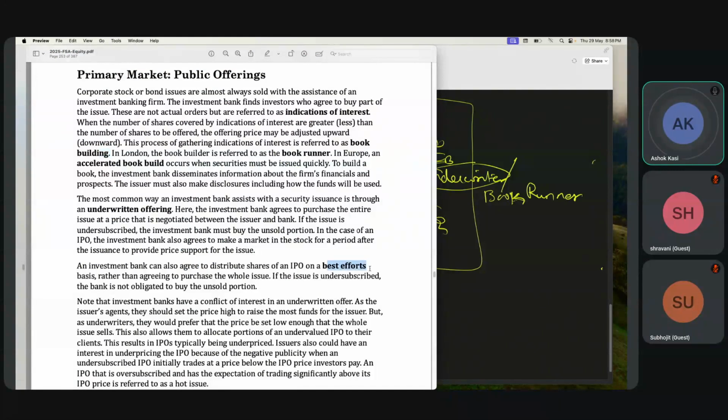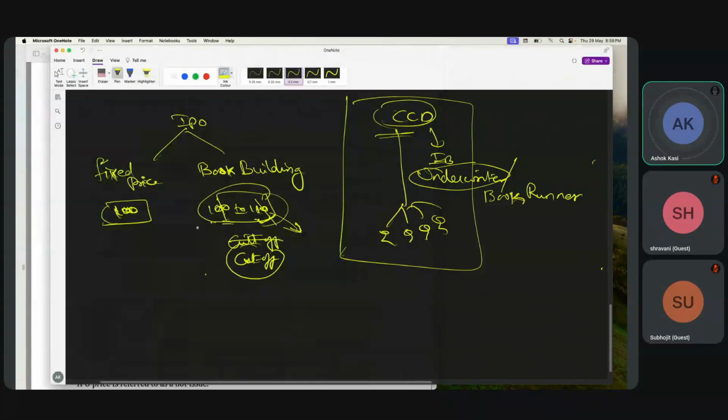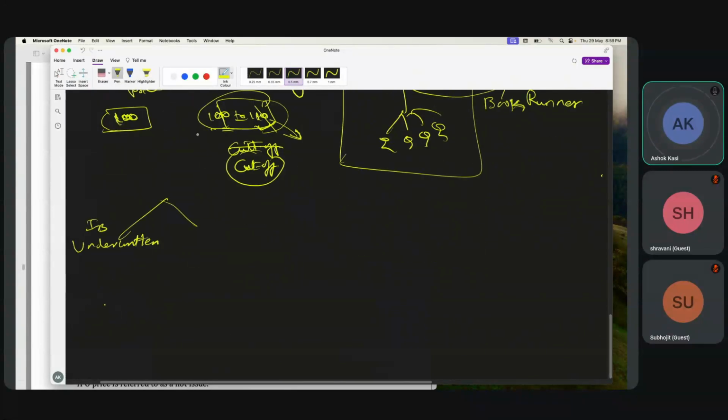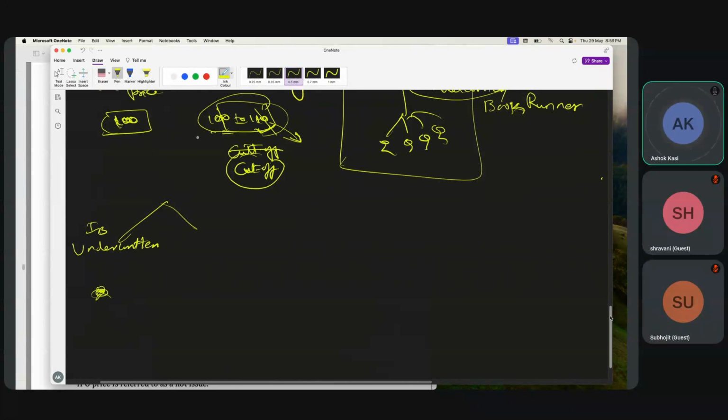The best efforts. Underwritten offering and best efforts. Underwritten means the investment bank is taking the guarantee. What will happen is, here is the company.